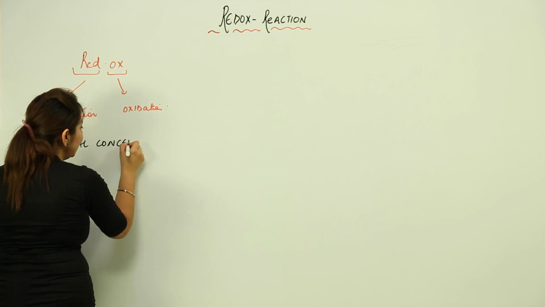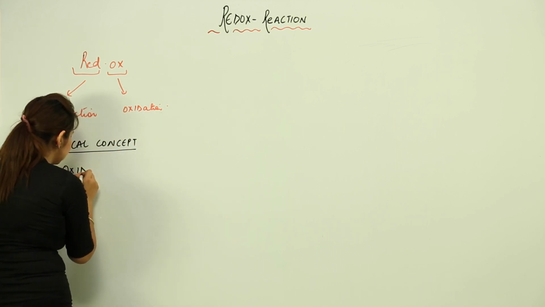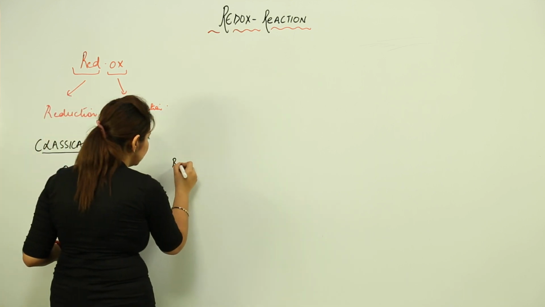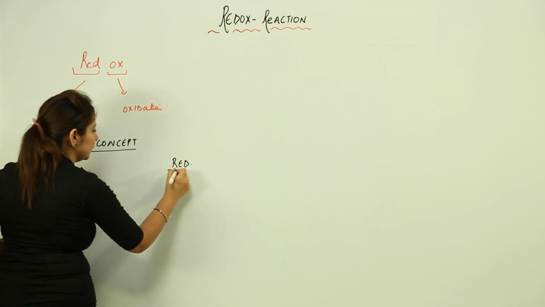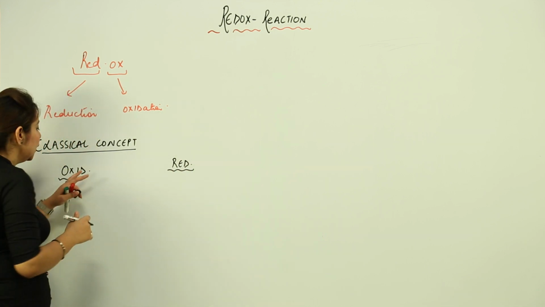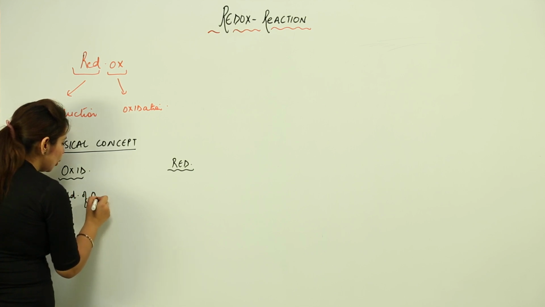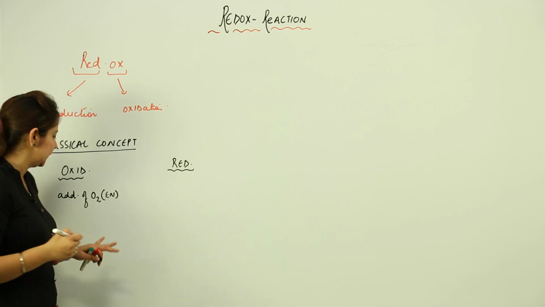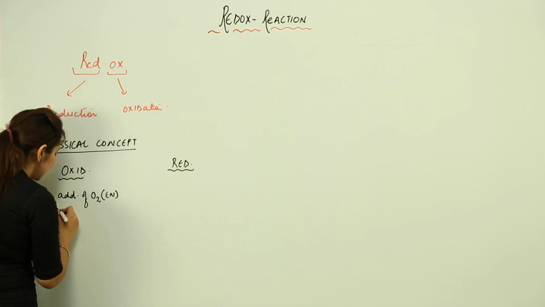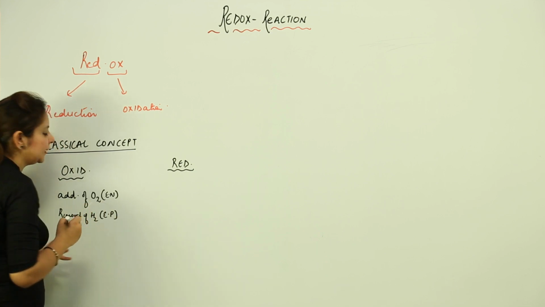According to the classical concept, oxidation, I will just divide in a vertical column so that you can understand in a better way. In terms of the classical concept, oxidation is addition of oxygen or any other electronegative element, or we can say that it is removal of hydrogen or any other electropositive element.